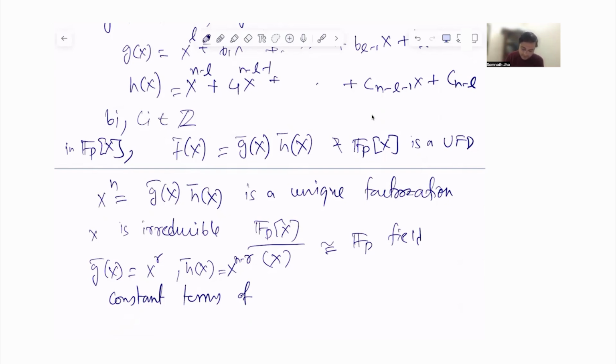The constant term of g bar(x) equals 0 and that of h bar(x) equals 0 bar.